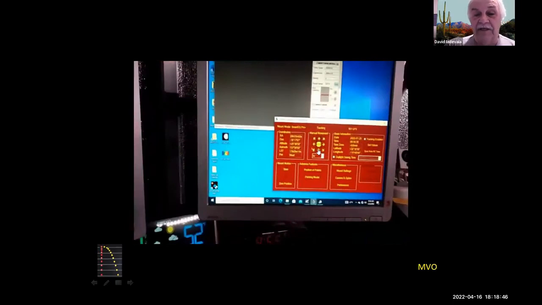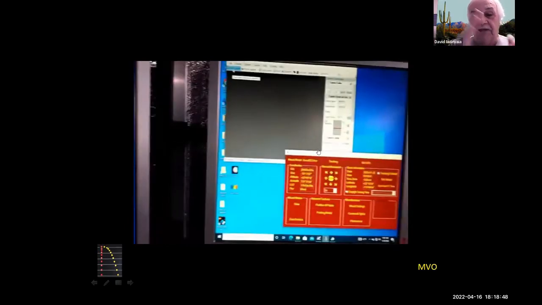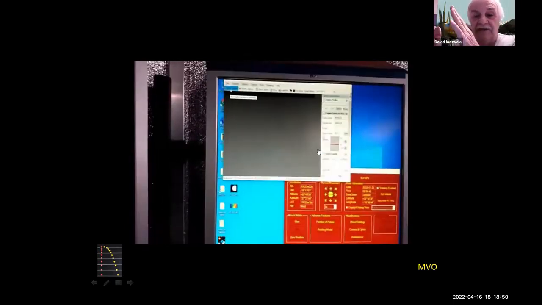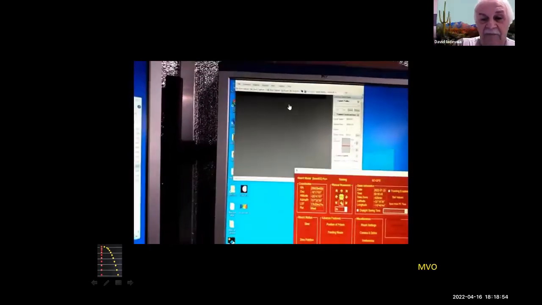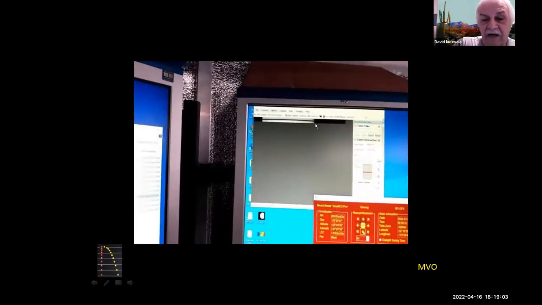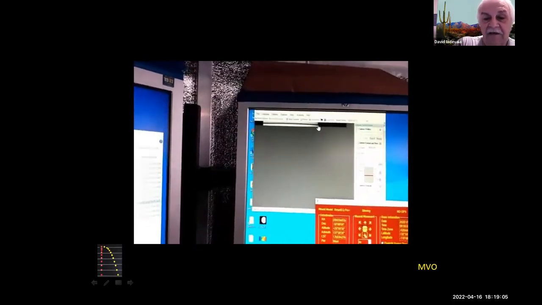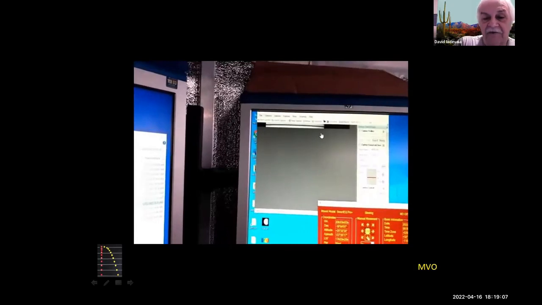Okay, so now we're going to get ready to scan. And what I do is I manually scan this. One technique is you just turn off the drives and let the telescope stay still and let the sun scan through that. But what's going to happen here is I'm going to do that manually. And you're going to see right here, there we go. I've now started the scan. And this dark line is indicating to me that I'm on the hydrogen alpha line.